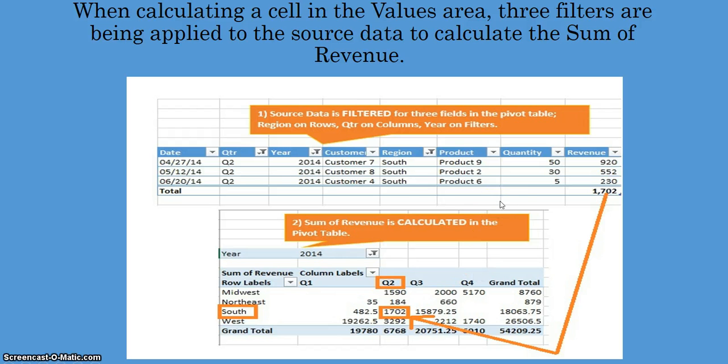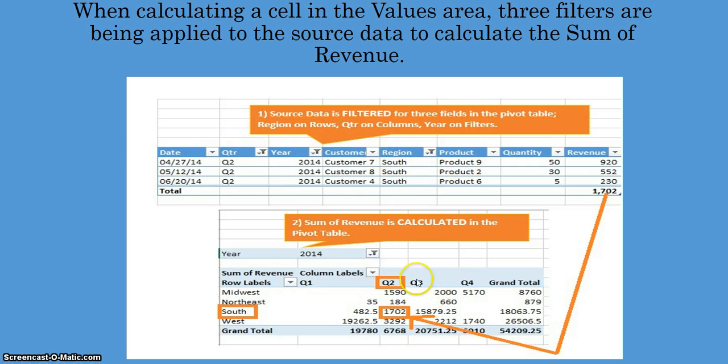So over here, we'll do this as another example. We're going to filter the source table based upon 3 different fields. So we're going to do it for the year for 2014. We also want to filter it by the quarter. We selected quarter 2, and we've also selected the South region.